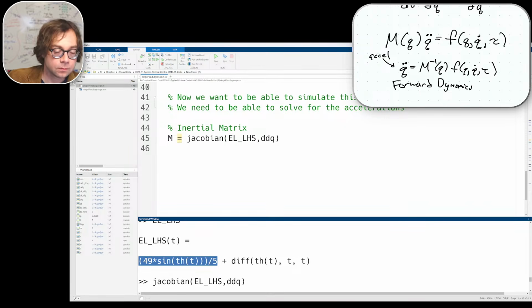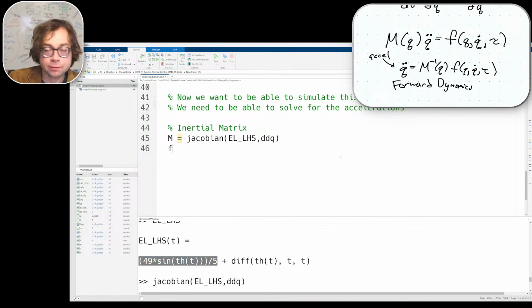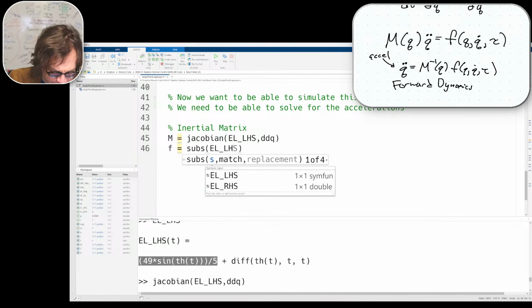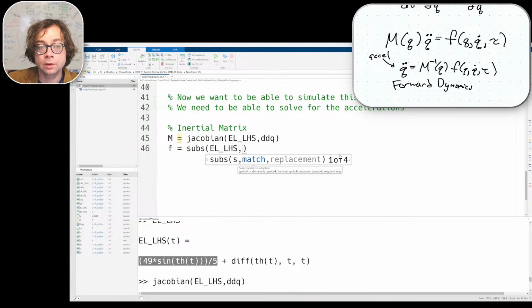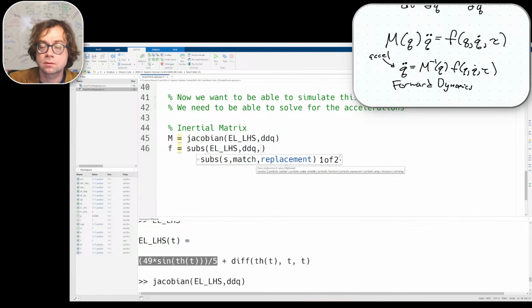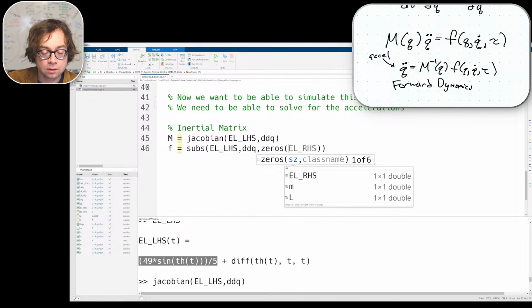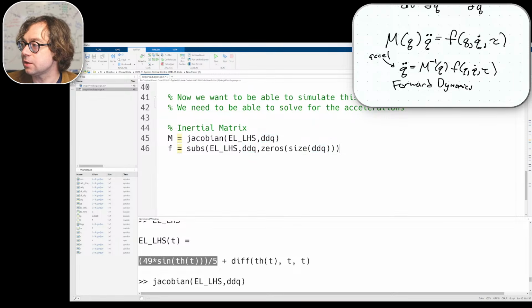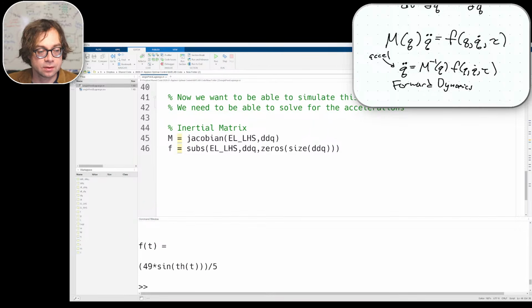So what we're going to say is that F is going to be the substitution into the Euler-Lagrange left-hand side, where there was once ddq, we're going to put in zeros of the size of ddq. So if ddq is larger, with more accelerations, the code still works. So we don't have to get the size right here. And sure enough, look, F of t, look at that.